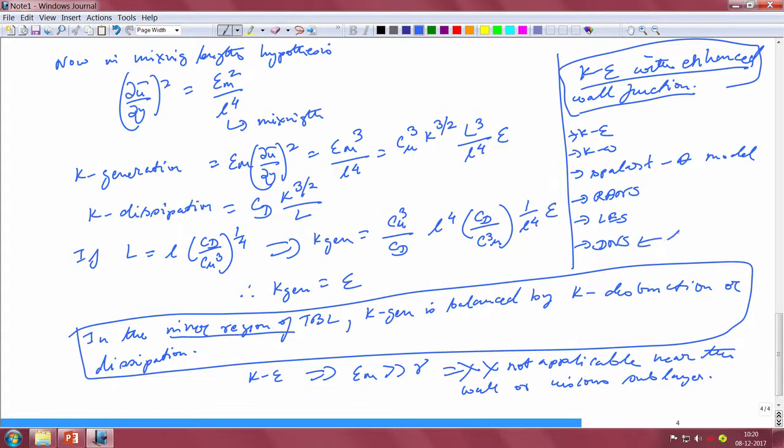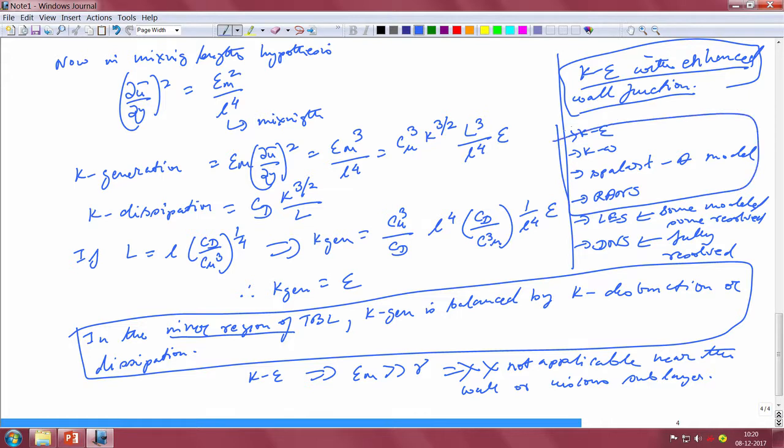DNS is of course fully resolved. LES is some modeled, some resolved. Of all these models, there is nothing that is resolved actually.